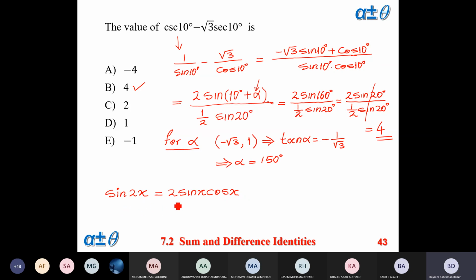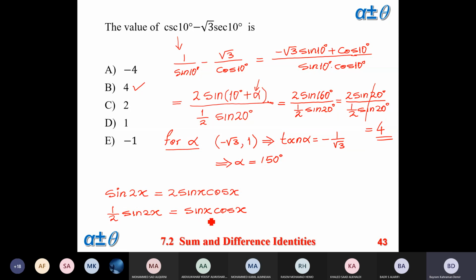And if you multiply both sides by half, so half times sine 2x is the same as sine x cosine x. We will study these kinds of formulas again in the next section, Shabab. We call them double angle and half angle formulas.